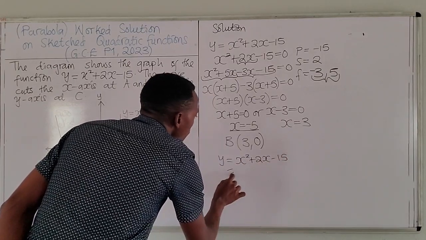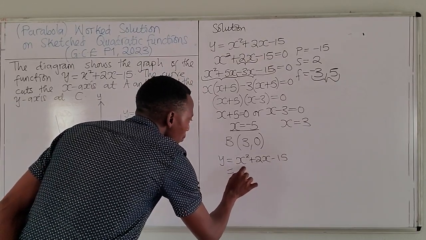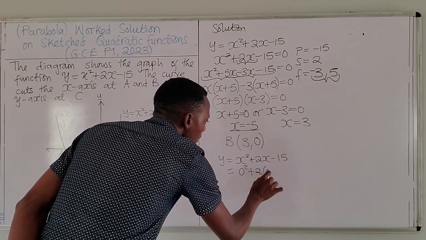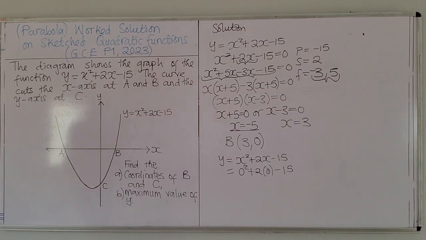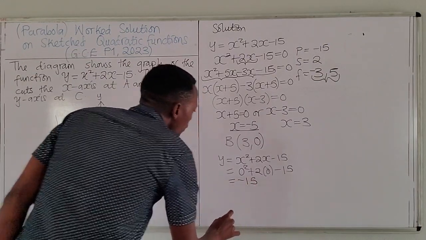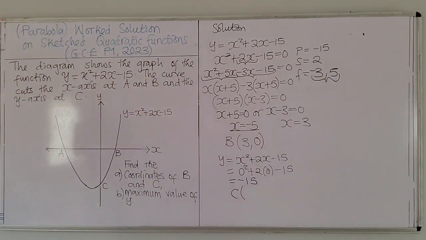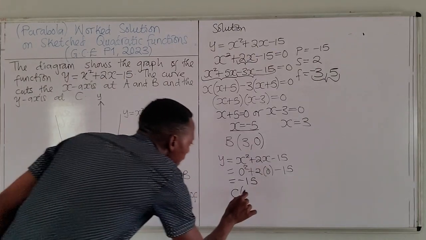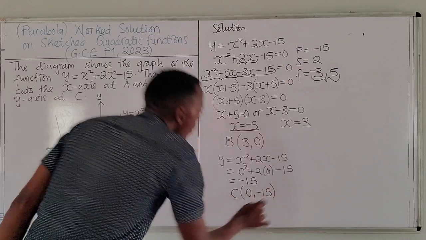Substituting for x as 0, we have 0 squared plus 2 times 0 minus 15. 2 times 0 gives us 0, and 0 minus 15 gives us negative 15. As we have discussed earlier, at any given point along the y-axis, x is 0. So 0, negative 15.